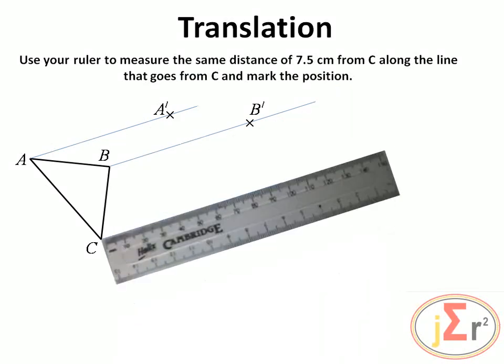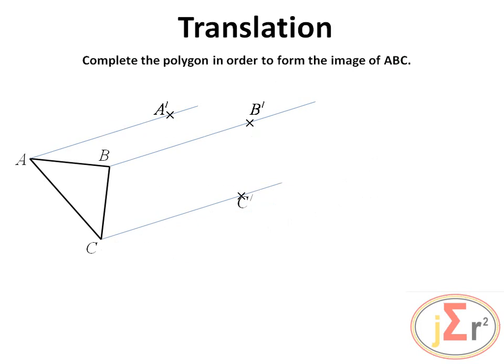And we are going to do the same thing for C, measuring 7.5 centimeters along that line that goes from C. That 7.5 centimeters is measured from the vertex C, and that is our image of C, called C prime. Complete the polygon in order to form the image of the original triangle ABC.